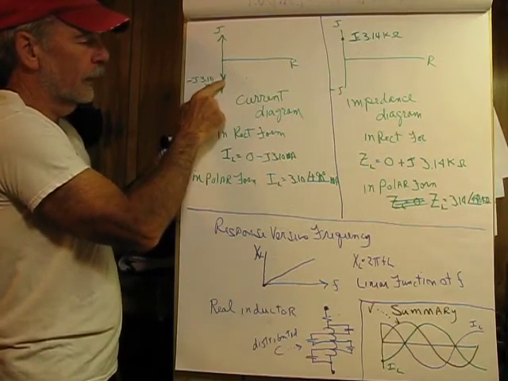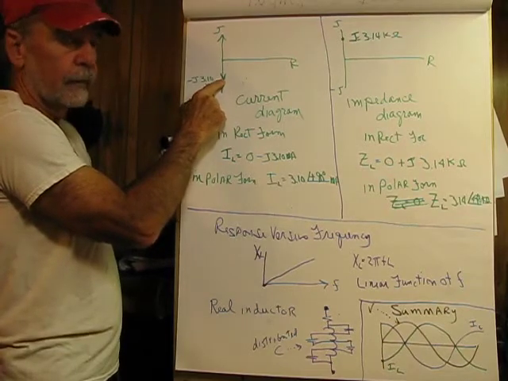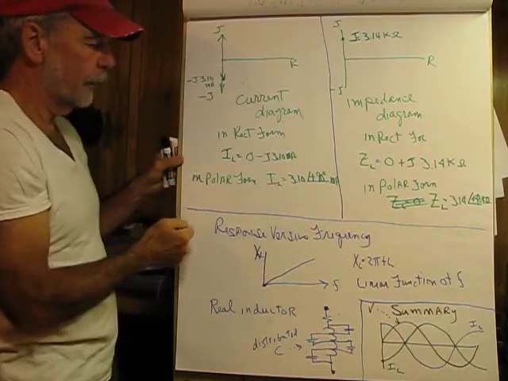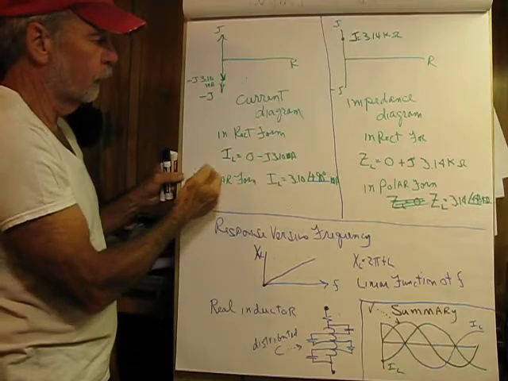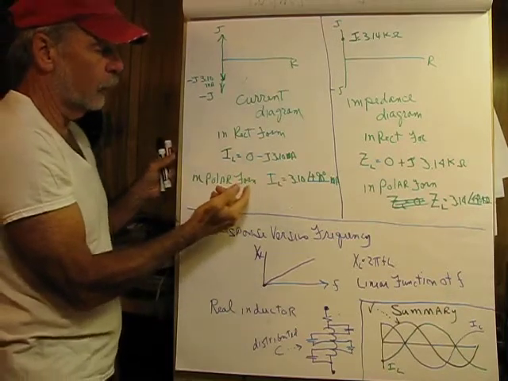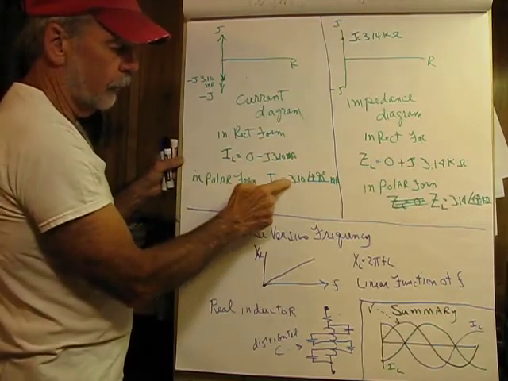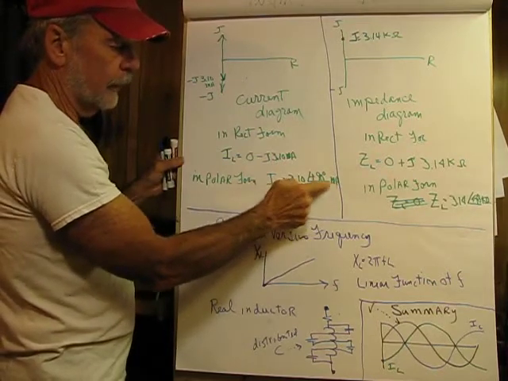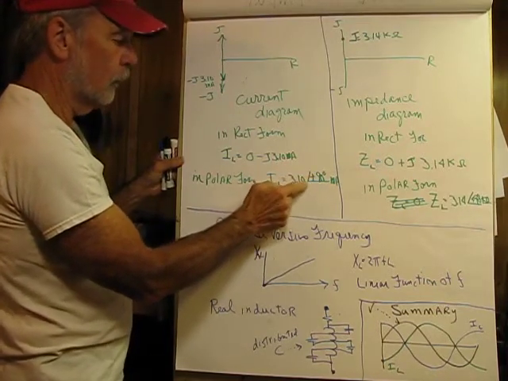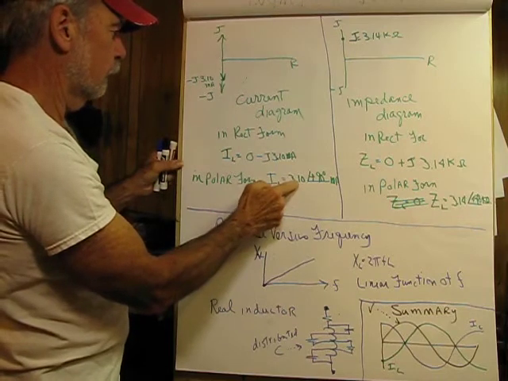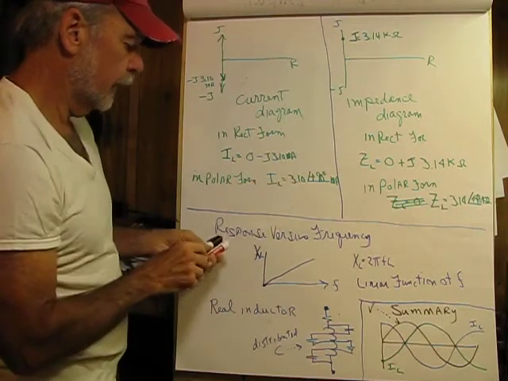It's a phasor, so we have a little dot there, exactly on the J axis. In polar form, since we don't have a real component, the current would be 3.10 milliamperes again, but the angle would be negative 90 degrees.